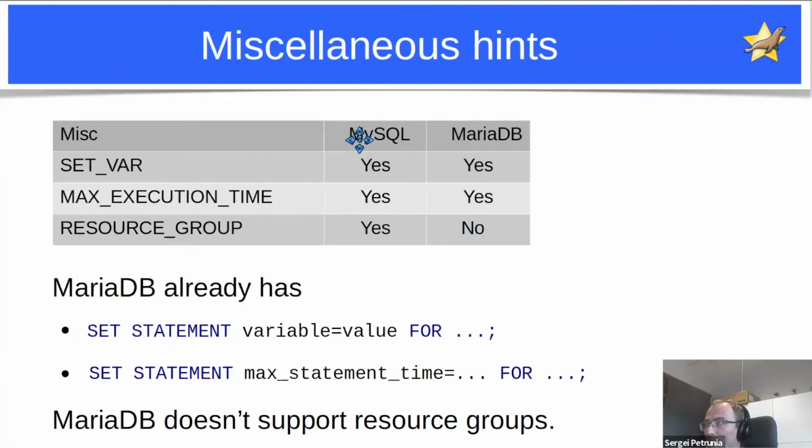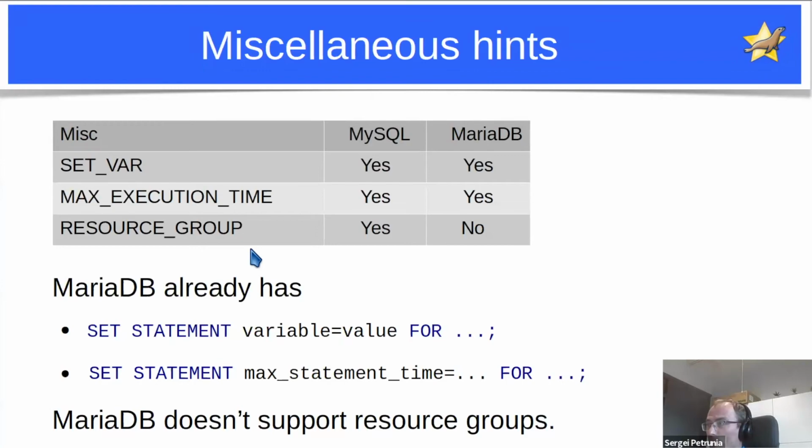Then, for some reason, MySQL added a few other hints which look out of place here. There is a hint to set a system variable. There is a hint to limit execution time. And MariaDB already had the set statement syntax, and you could also set max statement time. But we still support this, for the sake of compatibility, set var and max execution time.